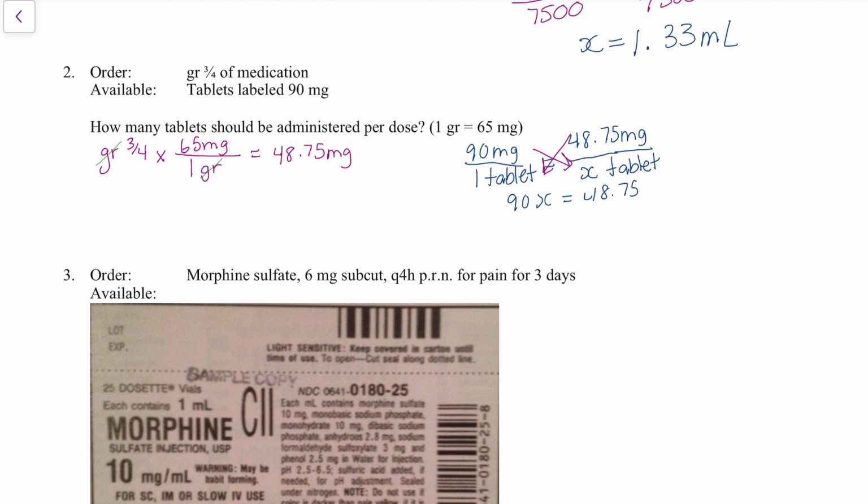And then divide by 90, I get x equals 0.54166 repeated. We're going to round this to half a tablet. Again, we're going to look at rounding rules and whether that is an appropriate rounding in this situation, but for now we're just going to leave it at half a tablet.